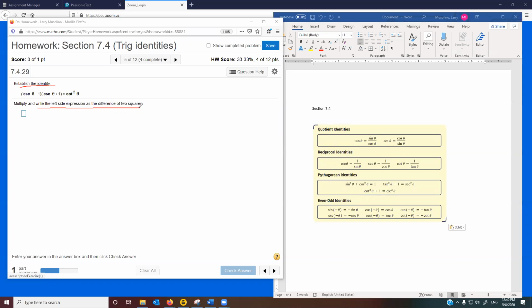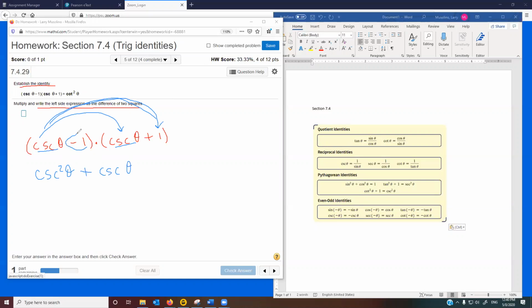of 2 squares. So what they're really asking me to do is take the left-hand side, which is cosecant theta minus 1, times cosecant theta plus 1. And they're really just asking me to multiply this using a FOIL kind of multiplication. So let me do that. Cosecant times cosecant, that's cosecant squared. Cosecant times plus 1 is plus cosecant.